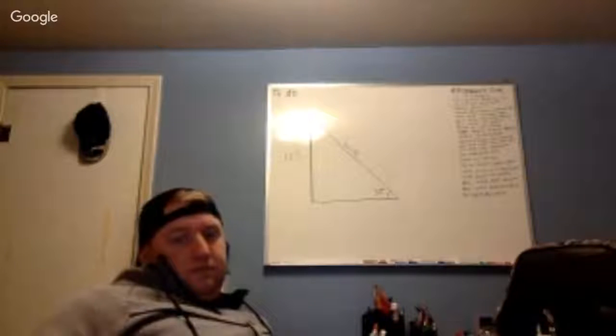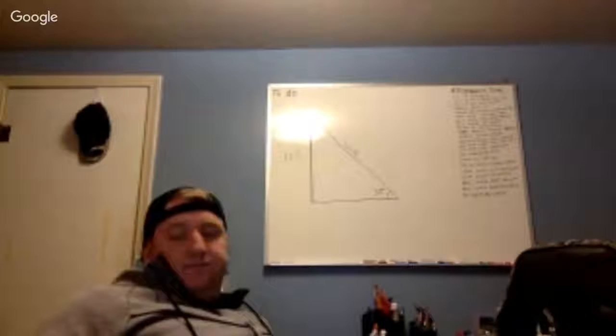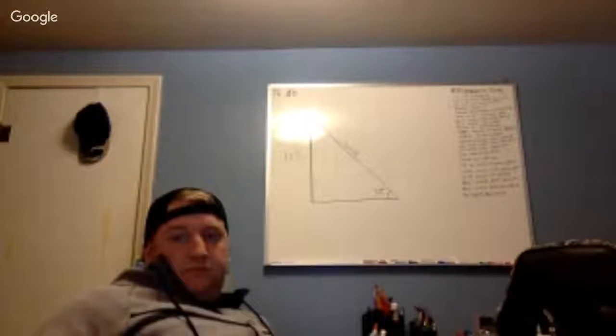Yeah, and that will equal 235.28. Yeah, that makes sense. Sine of 32 equals 125 over y, so we have to flip. Yeah, okay, that makes sense.